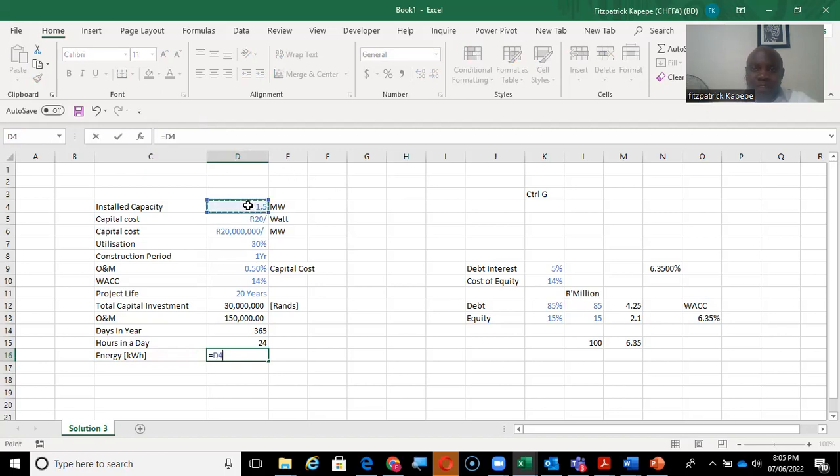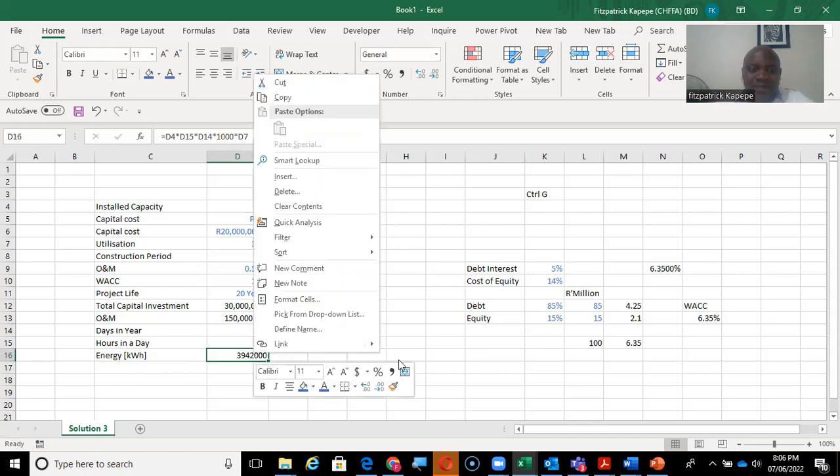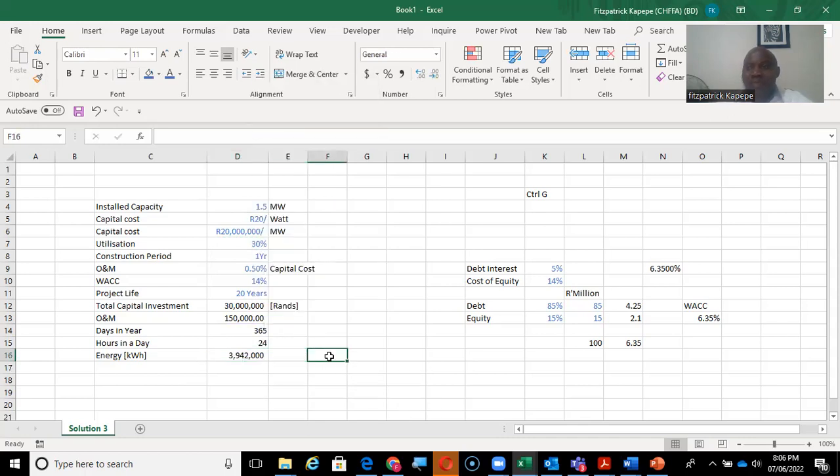So we have the 1.5 there times 24 hours in a day, times 365, times 1,000, converting from megawatts to kilowatt hours, times the utilization rate, which is 30%, which makes sense because we acknowledge that solar cannot be provided for 24 hours. So we have that number there.